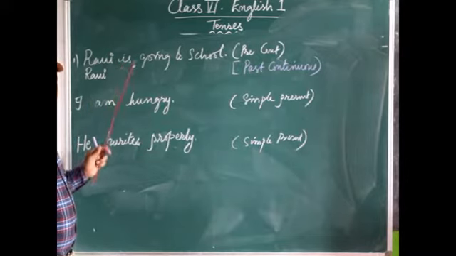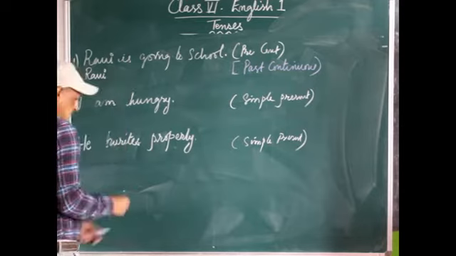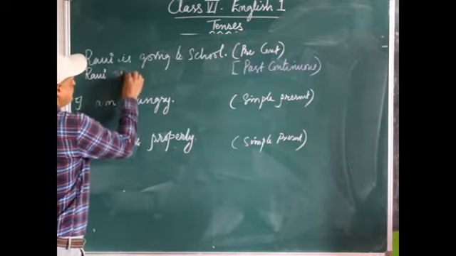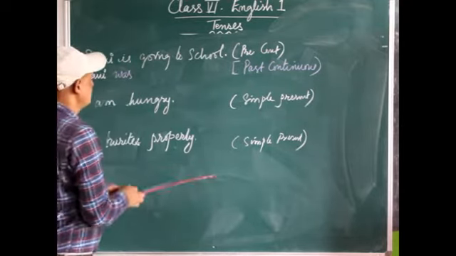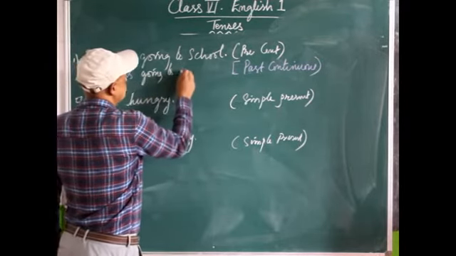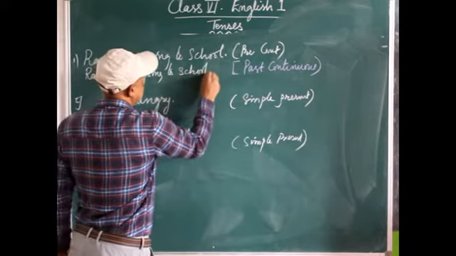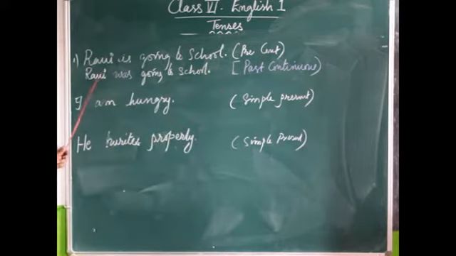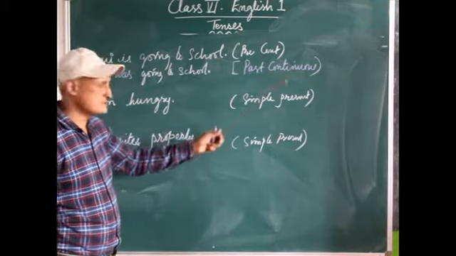It changes into was. Ravi was going to school. So this is in the past continuous. What has happened? The helping verb or the auxiliary verb is has been changed into was in the past continuous.